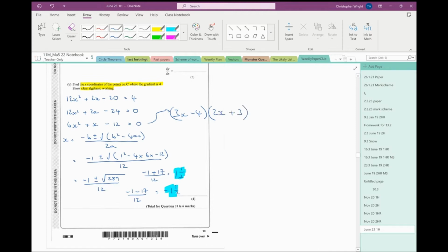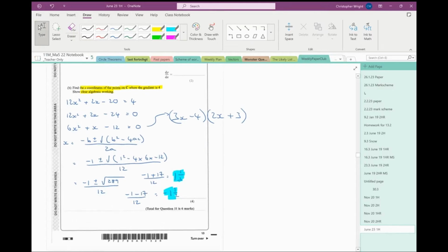That's what your factorisation of the left-hand side there should have looked like. But anyway, I did it with the formula, and there's my solution to question 11.